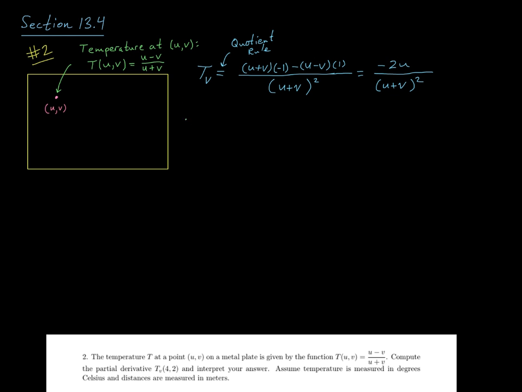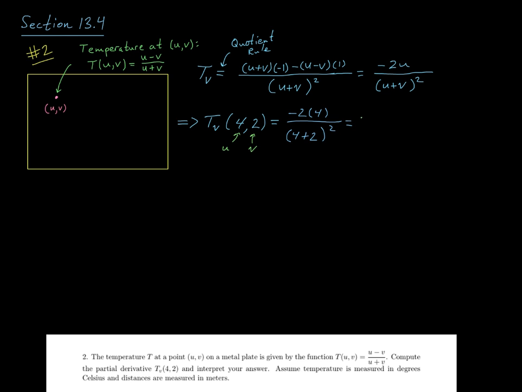Now what I want to do is evaluate that at our particular point, which is (4, 2). Again, just remember this is u and this is v. So we're going to plug in 4 for u, and then down in the denominator I'm going to get 4 plus 2 quantity squared.